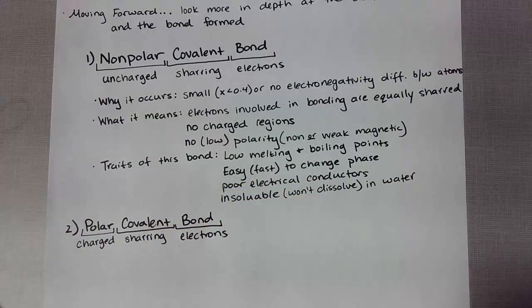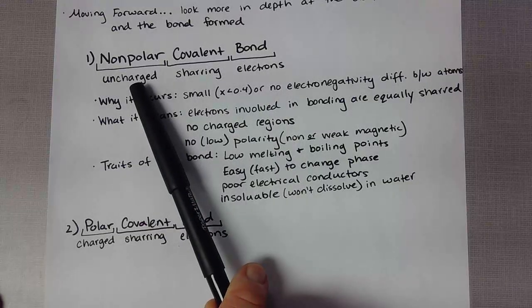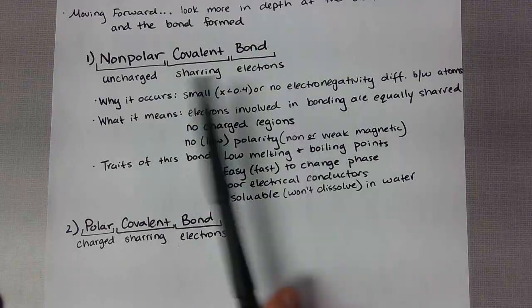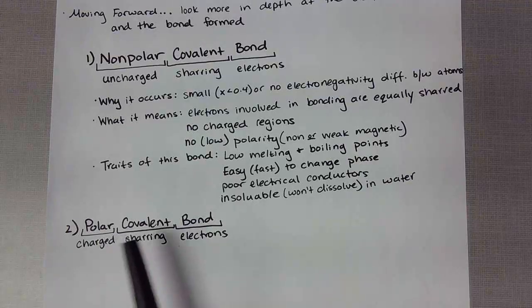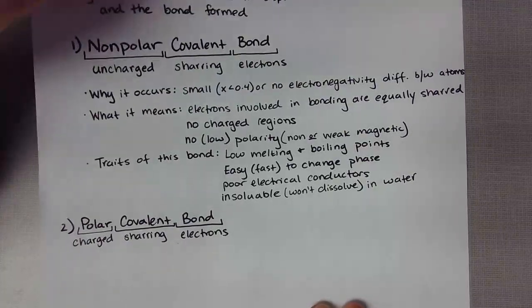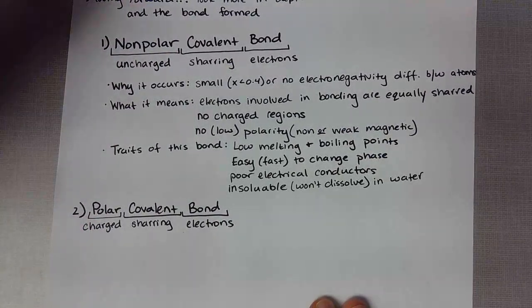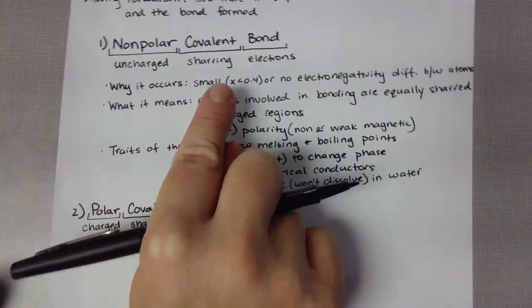So now instead of talking about an uncharged scenario created by the sharing of electrons, we're going to be talking about a charged scenario created by the sharing of electrons. So why would we get a polar versus a nonpolar bond? Well, nonpolar bonds formed when we had a small electronegativity difference.